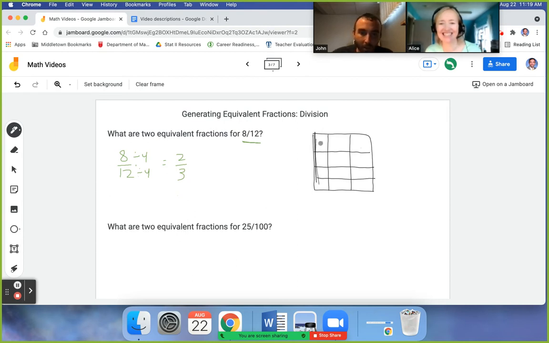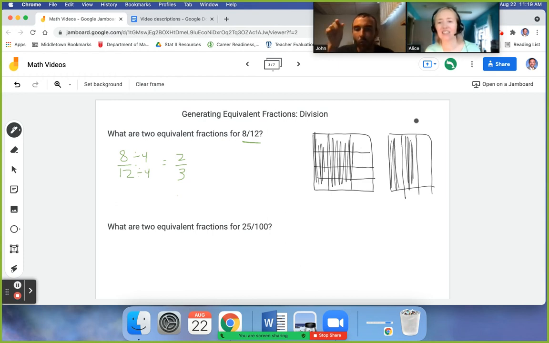Shading 8 of them like this, that's 8 out of 12, but we can also take those horizontal lines away and look at it instead as we really just have 2 out of 3 rectangles shaded. The rectangles are bigger, but there's fewer of them. So saying something like 8 out of 12 shaded is equivalent to saying 2 out of 3 are shaded of the same overall structure.